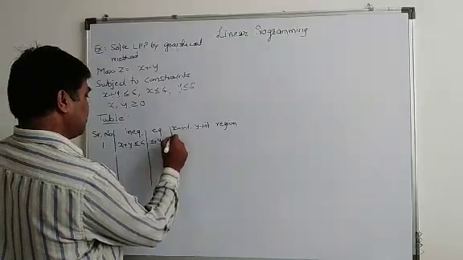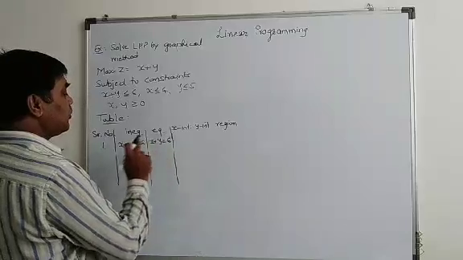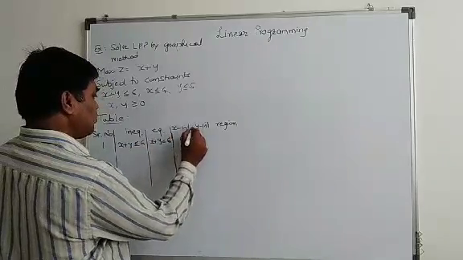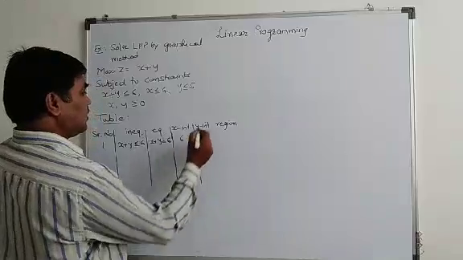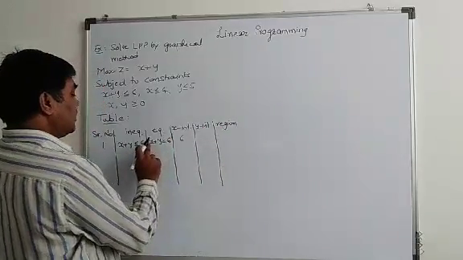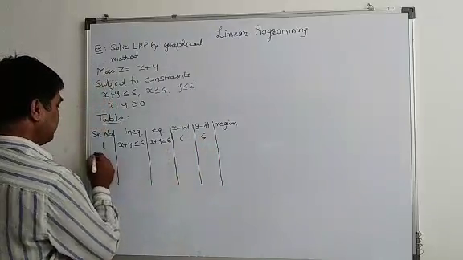For the x-intercept, we put y equal to 0, so we get x equal to 6, which means the line passes through the point (6, 0). For the y-intercept, putting x as 0, y equals 6, which means the line passes through the point (0, 6).